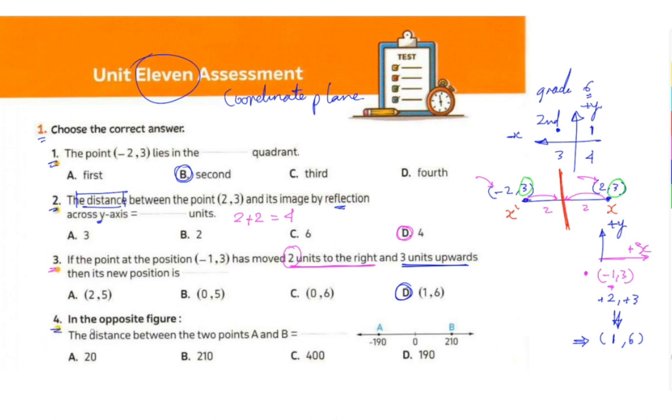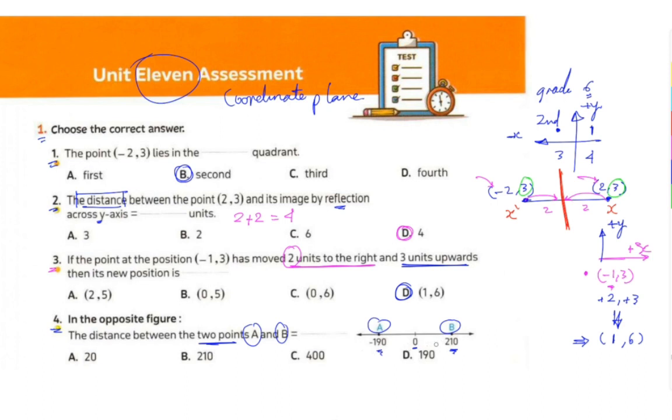Next question. In the opposite figure, we have some figure here. The distance between 2 points A and B equals what? To move from point A to point B, I have here 0. So, one number is positive and the other is negative. What to do? I need to find the absolute value.